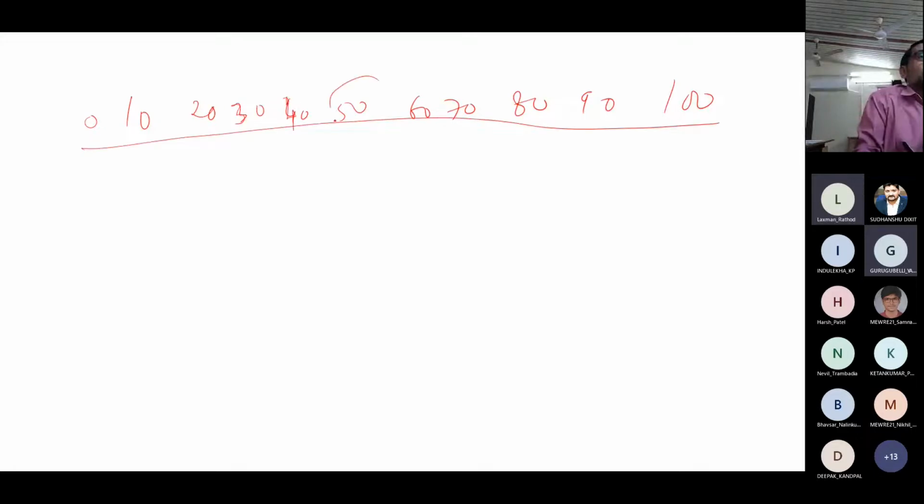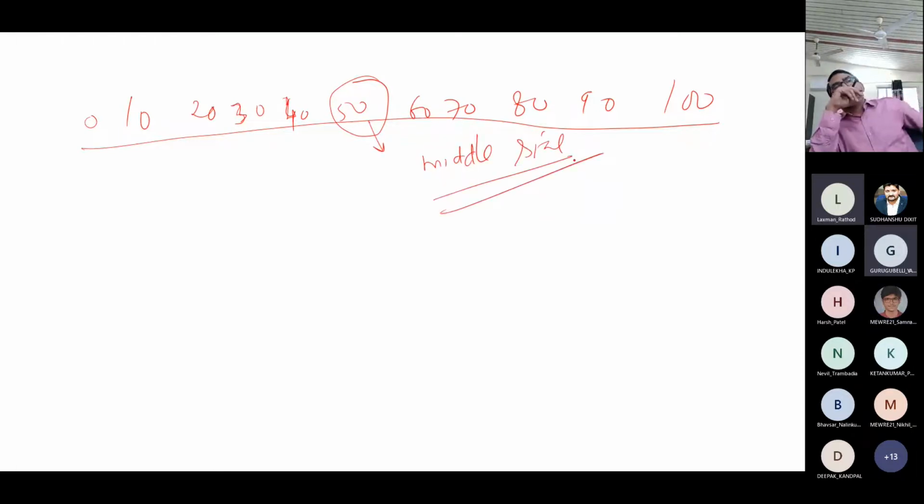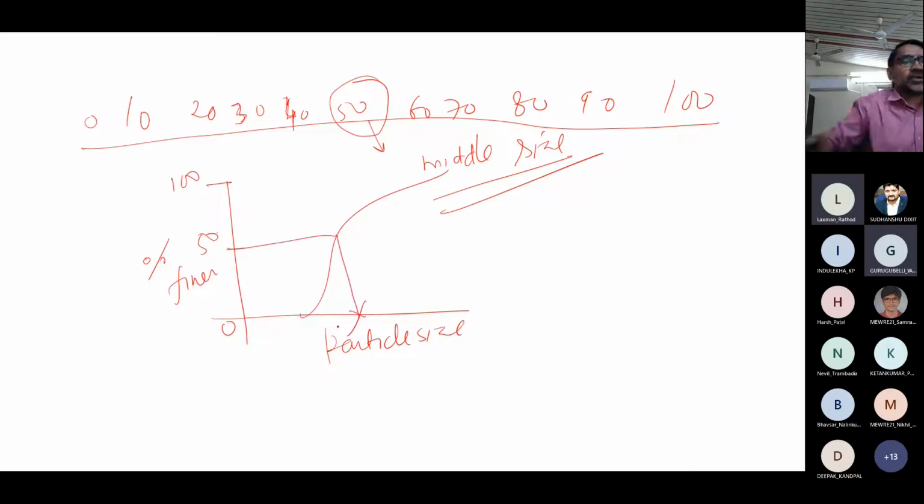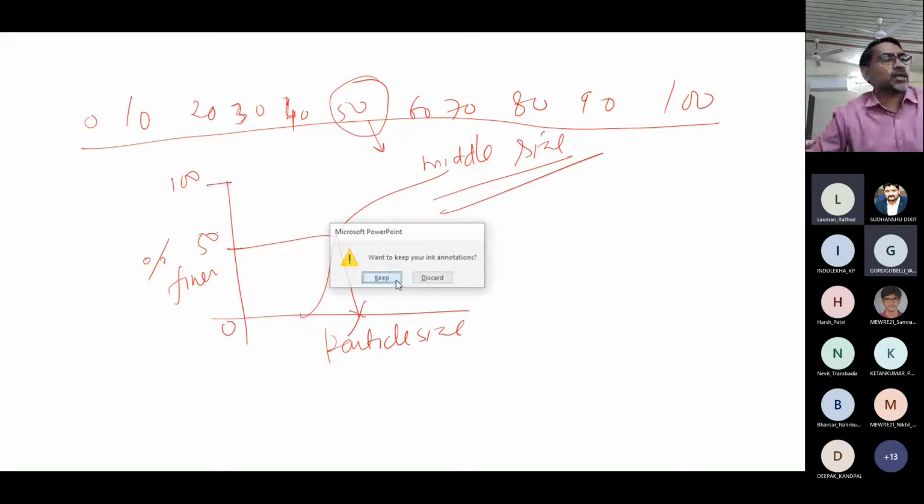In statistics, the middle size is the median size, is it? Yes, sir. So if you take 100% finer when you plot particle size against percentage finer, everybody would know like this. So from 0 to 100 you go here, and 50% is the median size. So D50 we calculate like this. So this is what we have got here.